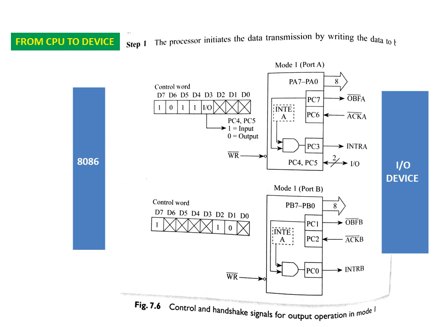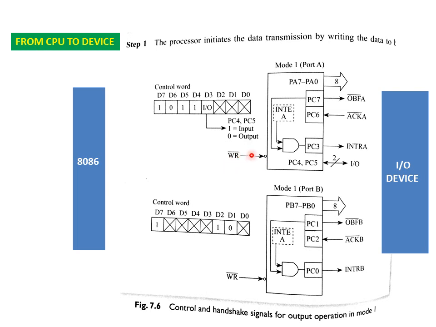After identifying the port A or port B address, it places data on the data lines and immediately enables the WR signal. Now it is a low signal.